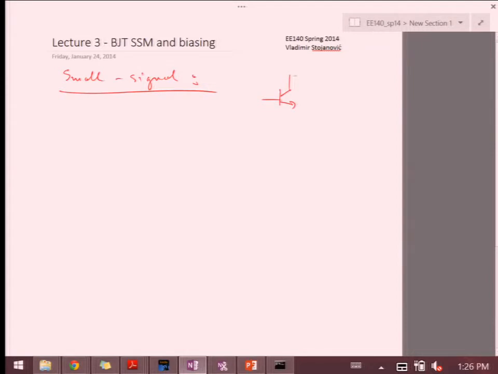and now bias both the input and output. So this is, let's say, at VCC, and the input is both small signal biased and then large signal biased. This is 0.7.